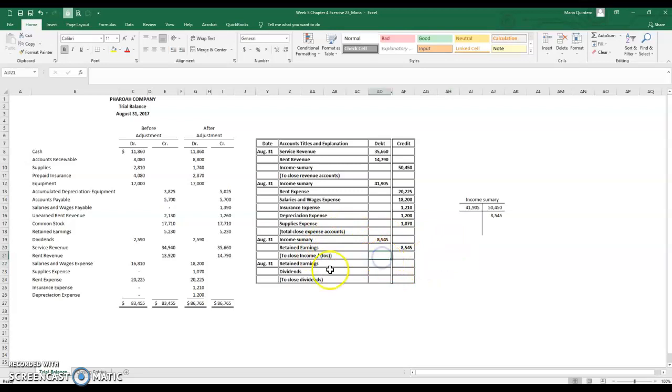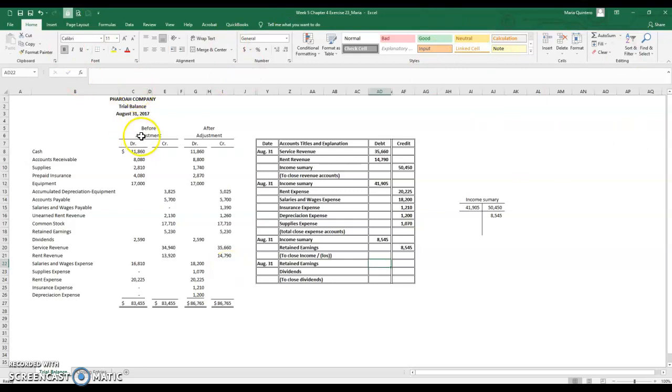Now we will do our final entry, that is to close our dividends. Dividends has a normal debit balance.